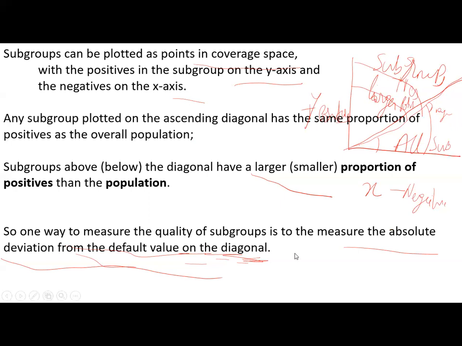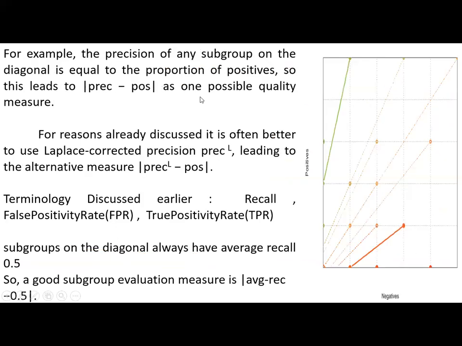We will see what it is. For example, you can see here the different subgroups, negatives with the positives.